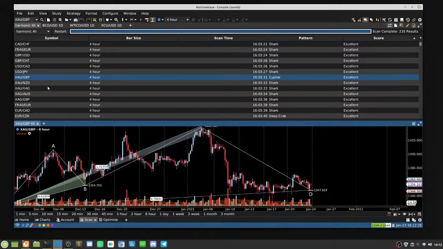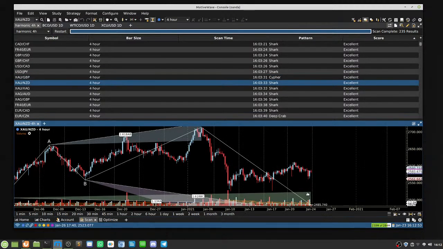What really got my attention was the British pound. There's more of a long call here somewhere. I'll pull it out. But here we have a slight short on gold in British pound, and then there's another one as well. And this one is coming off for the New Zealand dollars.